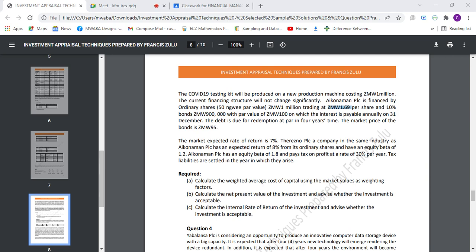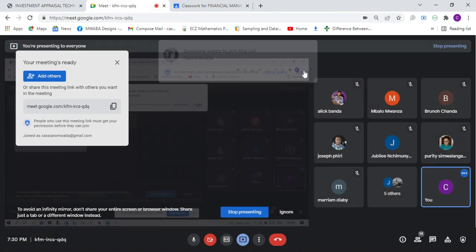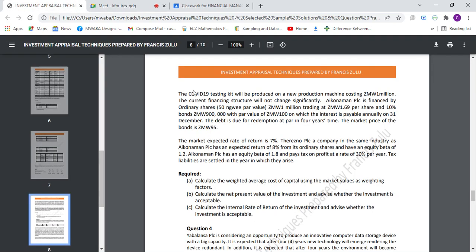So we go back to the question to get our data. Iconomans is financed by ordinary shares trading at this per share, and 10% bonds 900,000.